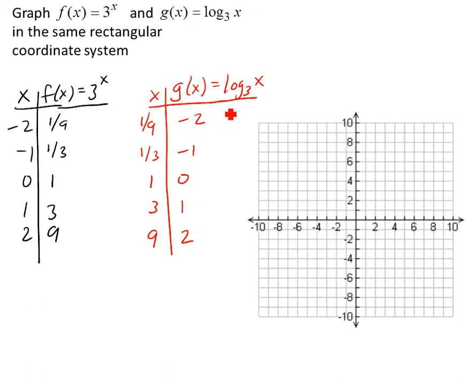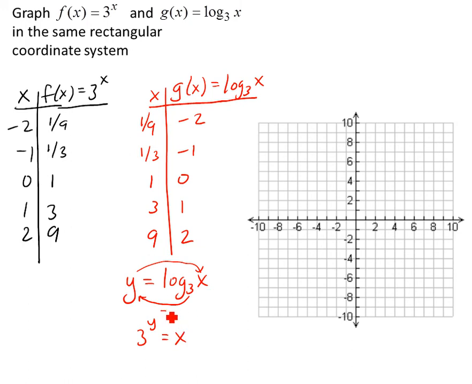Now, if we didn't necessarily know that going in, that these were inverses of each other, and we were just trying to graph this logarithmic function from scratch, I would start by writing it with a y instead of a g of x. And then I would rewrite this equation in its equivalent exponential form, which would be 3 to the y equals x, because I'm more familiar with raising things to powers than I am with using logarithms.